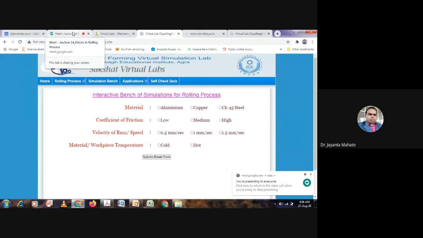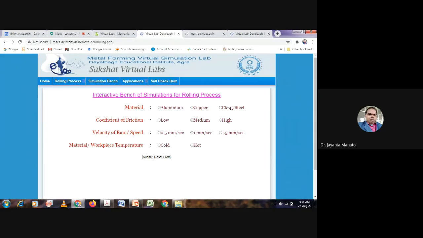So by using this virtual lab, you can make a comparative study. By using this virtual laboratory, you have to make a project, a comparative study. This study will differ from one student to another.